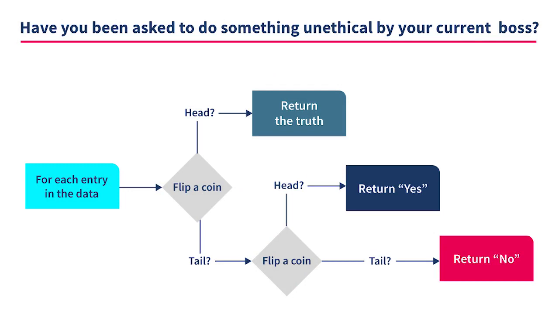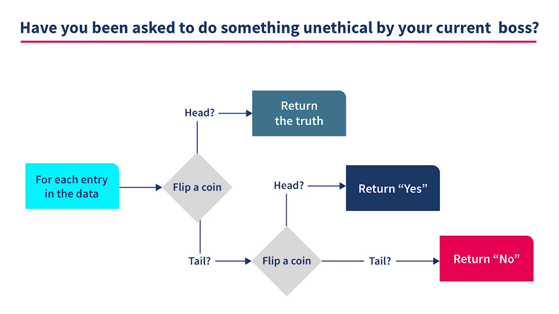Picture this. For each response, you will essentially randomly flip a coin. If the coin returns heads, you will return the real answer. If the coin returns tails, you will flip a coin again. If that second coin is heads, then you will return yes.